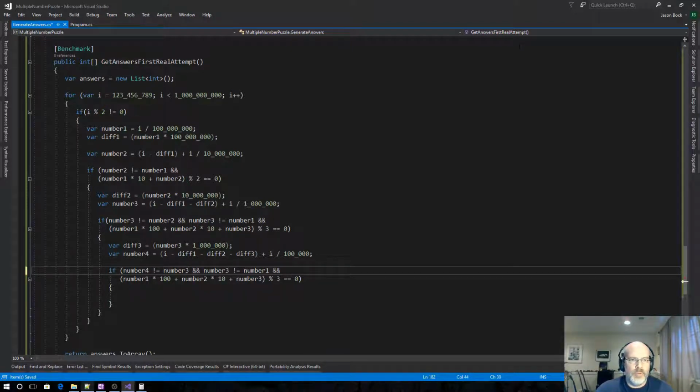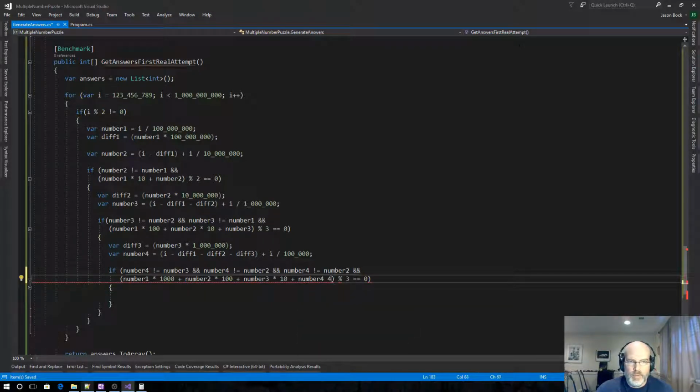Number 4 doesn't equal number 3. Number 4 doesn't equal number 2. And number 4 does not equal number 1. And number 1 times 1,000 plus number 2 times 100 plus number 3 times 10 plus number 4 on 4. Okay.